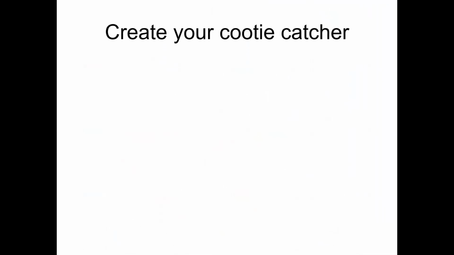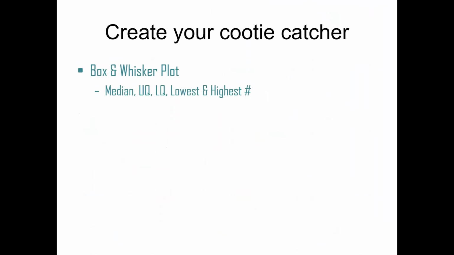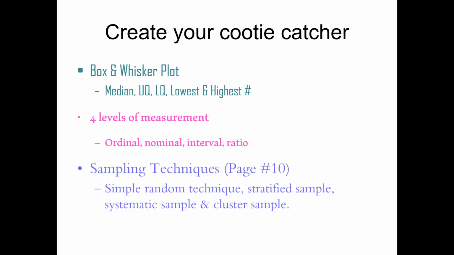Now what I have you do at home is create your own cootie catcher. You can create it on one of the topics we've discussed so far: box and whisker plot, involving the median, upper quartile, lower quartile, lowest and highest number. You can create your cootie catcher with the 4 levels of measurement: ordinal, nominal, interval, ratio.